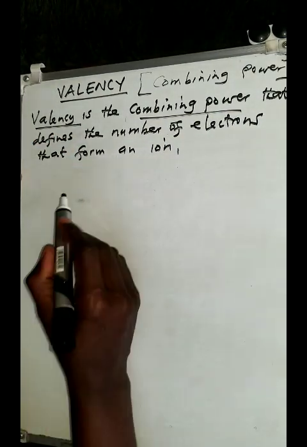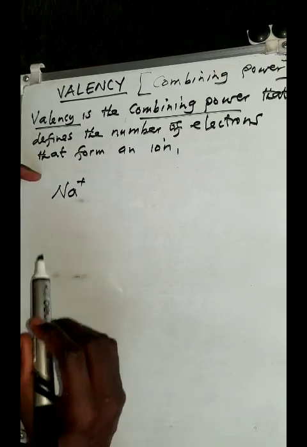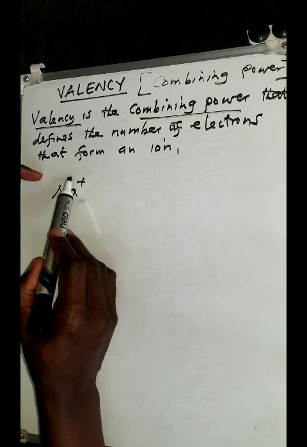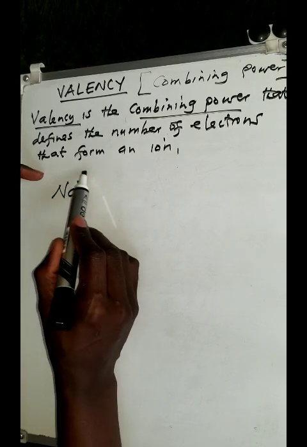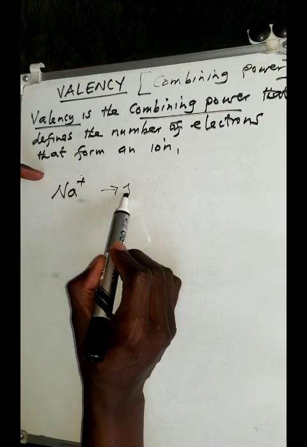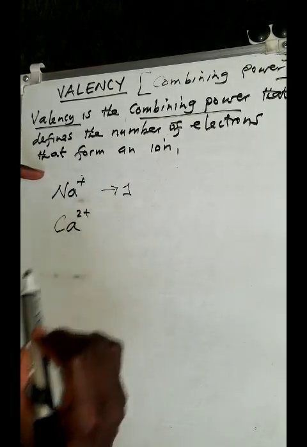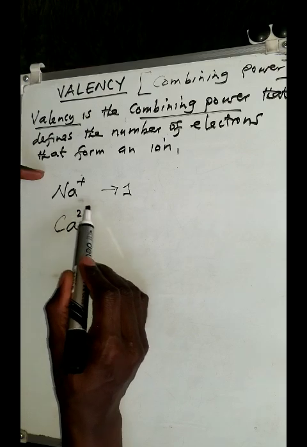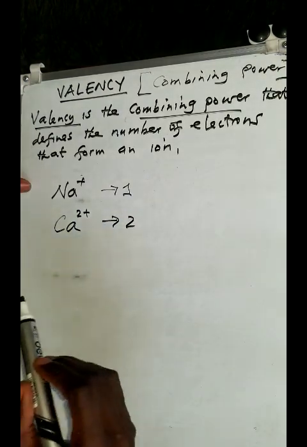For example, if you look at the sodium ion, the combining power is 1, meaning that sodium has a valence of 1. If you look at the calcium ion, the combining power is 2, meaning it has a valence of 2.